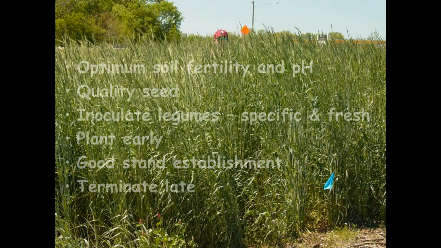Plant as early as possible to take advantage of any warm fall weather before it gets cold. Need good stand establishment, just like a cash crop. And then terminate as late as possible and still be able to establish your cash crop on time. Take advantage of all that money you've already spent and time in establishing the cover crop to get the maximum benefits from it.